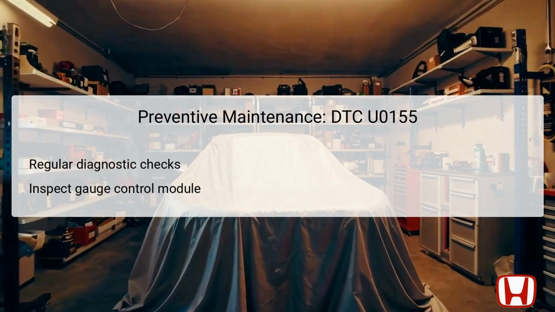Preventive maintenance plays a critical role in ensuring the long-term health of the vehicle's electronic systems. Regular diagnostic checks can help identify potential issues before they escalate into significant problems. Pay close attention to the functionality of the gauge control module, particularly during routine maintenance intervals.